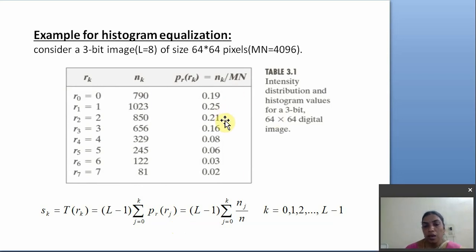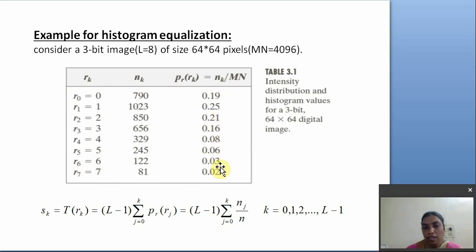What is the observation here? This is nothing but the cumulative addition of these PR of Rk values. To get S0, take 0.19 and multiply it with 7. To get S1, add these two and multiply with 7. To get S2, add these three and multiply with 7.